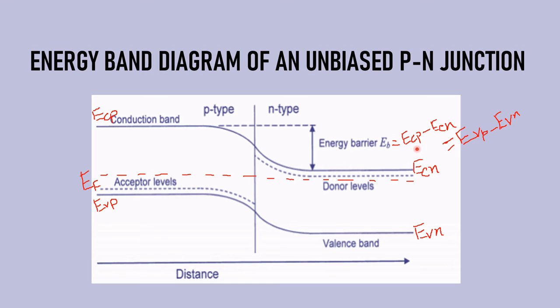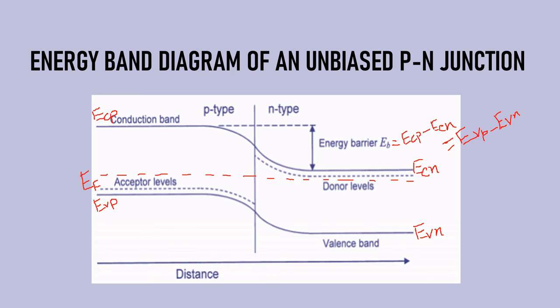The difference between the two is called the barrier energy. For the valence band, EVP, the valence band edge for P-type semiconductor, is higher than the valence band edge for N-type semiconductor. So the difference EVP minus EVN is called the barrier energy, represented by EB, and this is the energy band diagram of an unbiased PN junction.